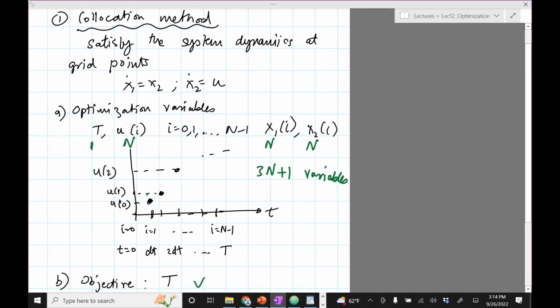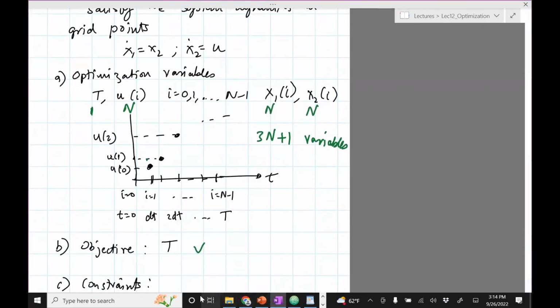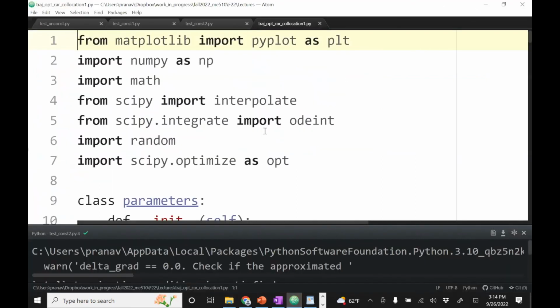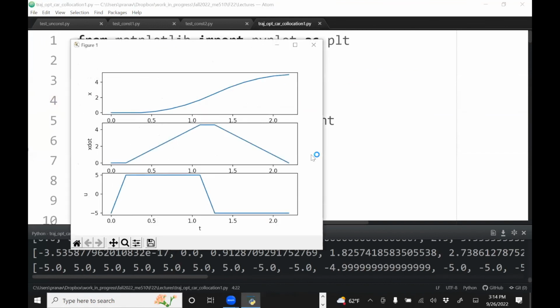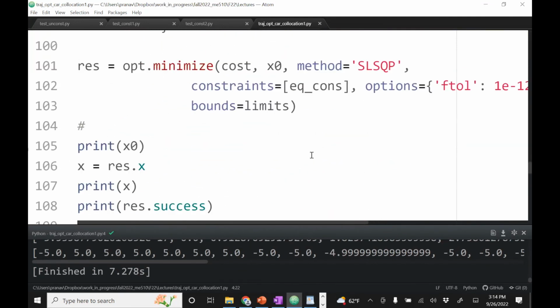Okay, we have 1 more minute. Let me show you the code which will do this. So I have collocation. Okay, I'm going to run this, Control Shift P, and it basically gives me a plot of x, x dot, and u, and you can see the control.